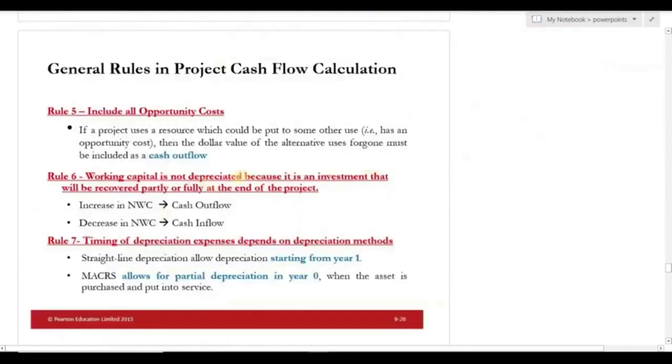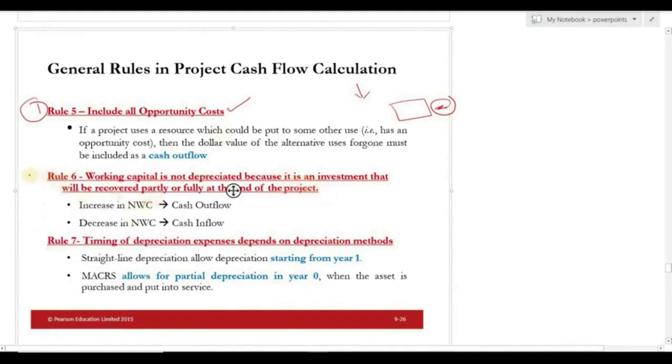Okay, now we have 3 more rules, that we have to include all the opportunity costs, right? So it means if we are bringing in a project and we are losing another thing, whatever that actual cash flow is, we have to add it as a cost, right? So all opportunity costs must be included as a cost, and working capital is not depreciated because it is an investment that will be recovered partly or fully.